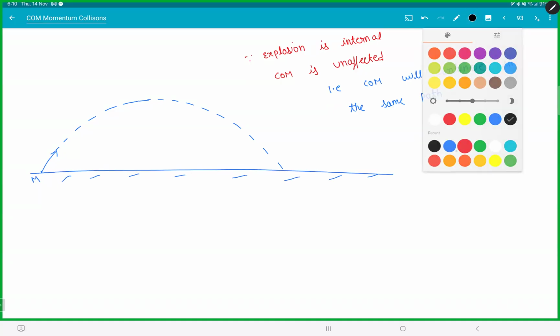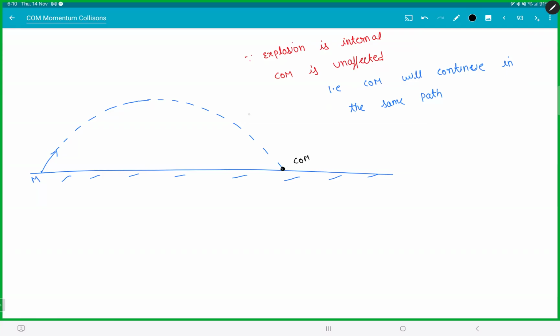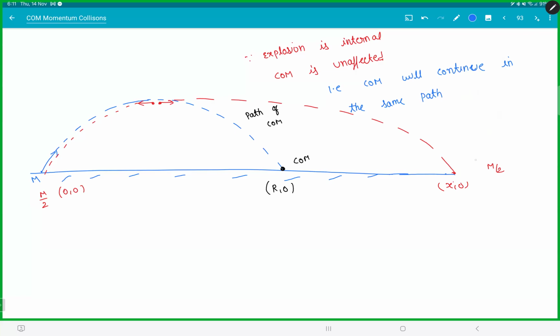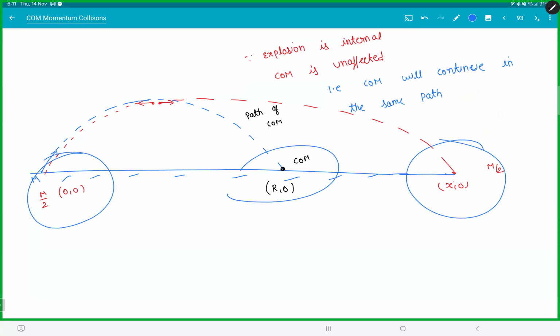So the center of mass should simply go here and land. This is your path of center of mass. So the center of mass will land at R comma 0. Now you're telling me after explosion, one of the particles goes back and retraces the path. So this lands at 0 comma 0. And the other particle, which goes forward, lands somewhere here. Let's call it x comma 0. Using this logic, the center of mass of this particle plus this particle must be this only. Yes.